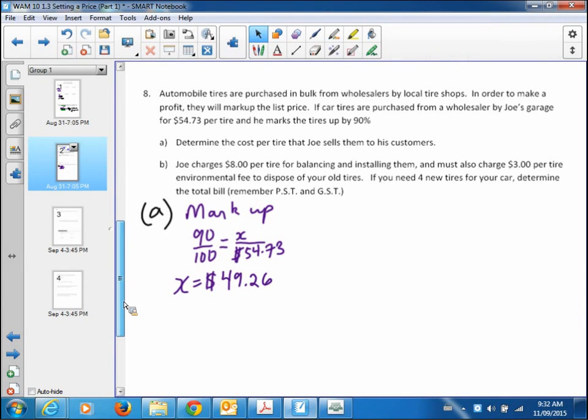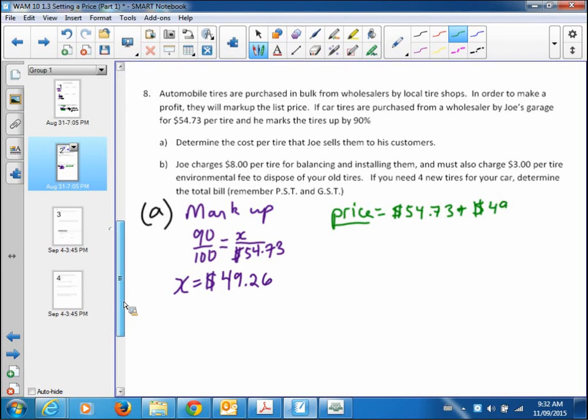Okay? Then the pre-tax price is going to be the 54.73 plus the 49.26 markup. That's going to be a total of 103.99 per tire before taxes. That's what you were looking for.